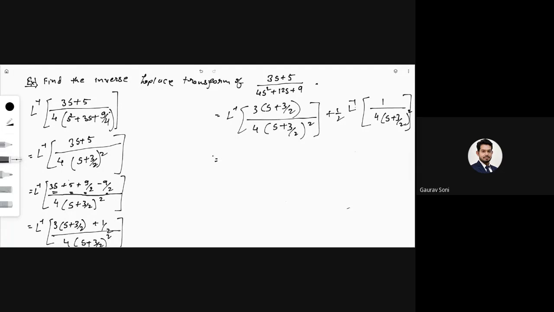Now Laplace inverse of capital F of (s plus a): 3 by 4 will come outside, e to the power minus 3 by 2 into t, Laplace inverse of s upon s square, plus 1 by 4 will also come outside. It will become 1 by 8, e to the power minus 3 by 2 into t, Laplace inverse of 1 upon s square.